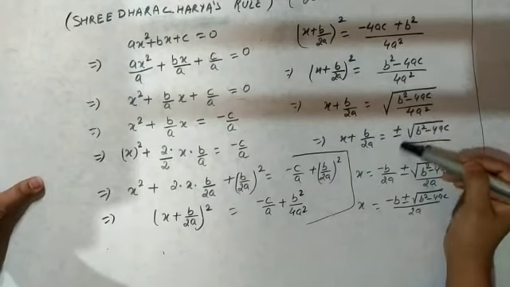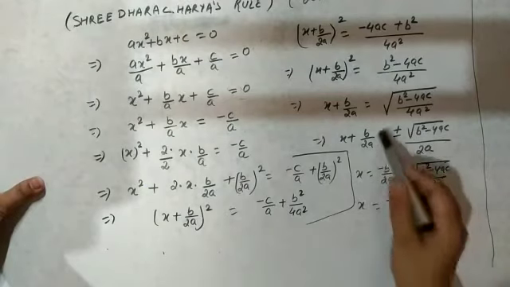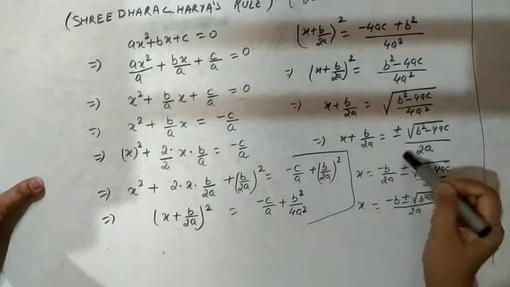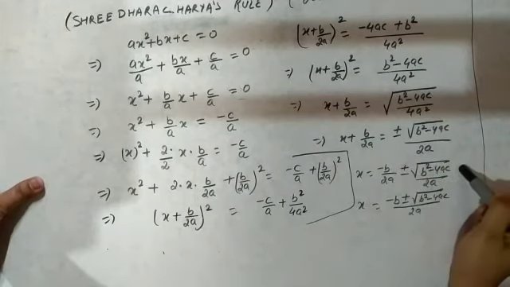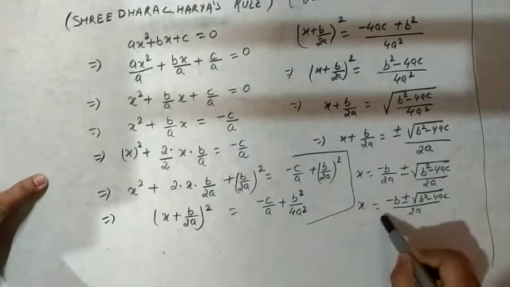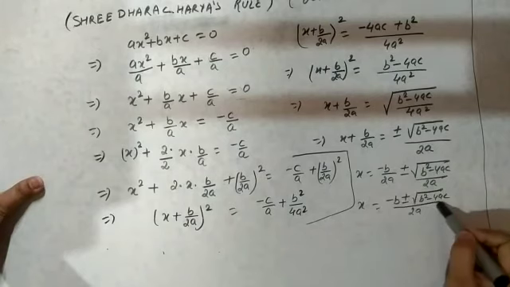So plus minus root under b square minus 4ac by 2a. So x equals, take this b by 2a to that side, minus b by 2a plus minus root under b square minus 4ac by 2a. So x equals minus b, take 2a as LCM, plus minus root under b square minus 4ac by 2a.